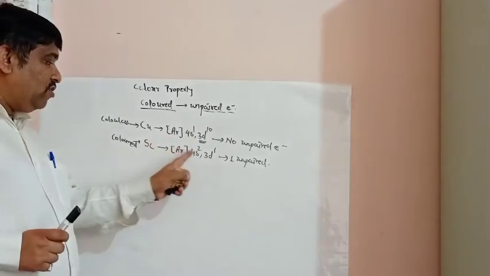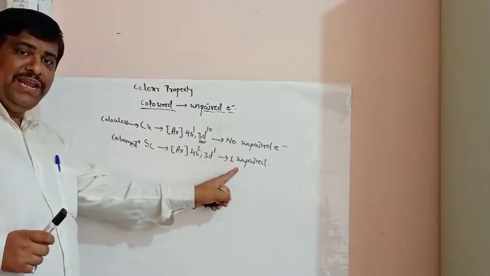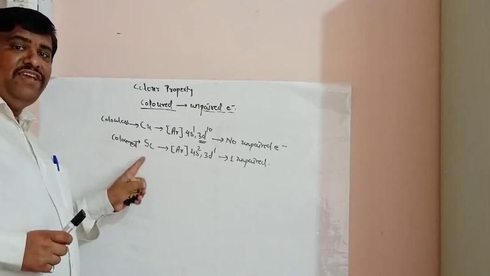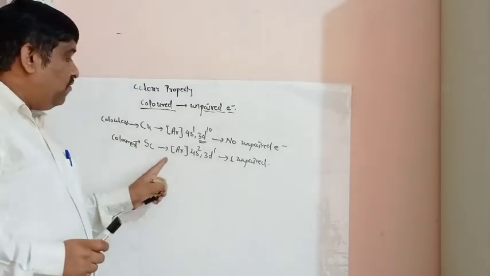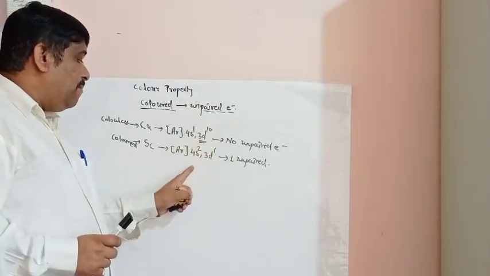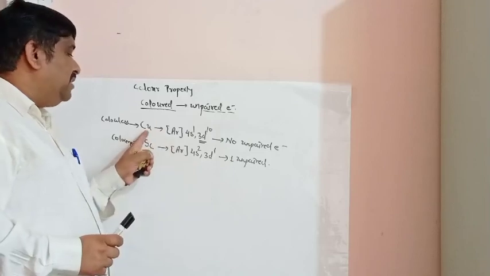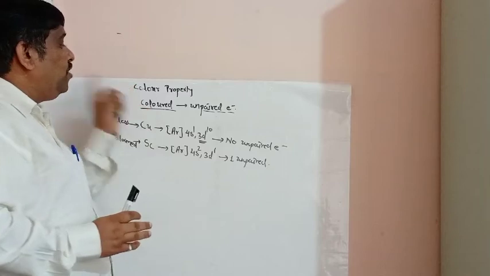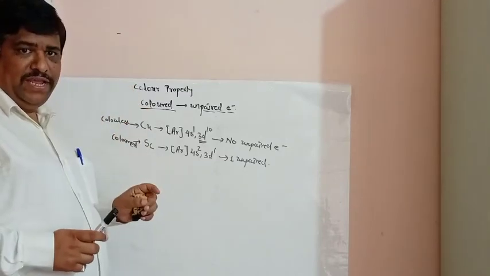For scandium you have to write the electronic configuration and write one unpaired electron, and write the conclusion that scandium is having one unpaired electron, therefore it is a colored compound, and copper is colorless in nature. This is what you are going to remember in the color property here.